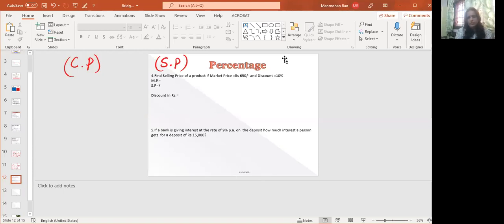Selling price means how much money you have to give to the shopkeeper if a dress is available at 10% discounted price, and the price tag shows 650 rupees. You are not definitely giving 650 rupees to the shopkeeper. You definitely give some money which is less than 650 rupees.